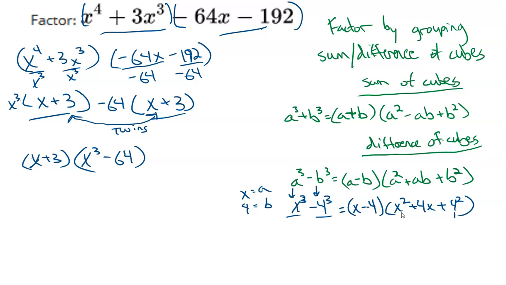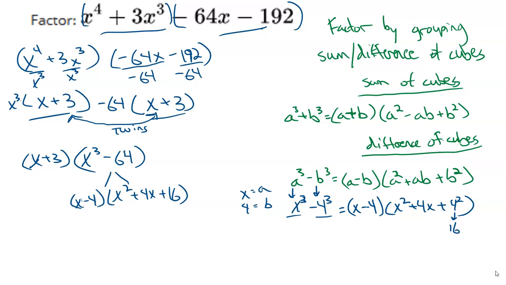And you can just make that 16. So this factors out into x minus 4 times x squared plus 4x plus 16, because that's the difference of cubes formula used to find the two factors.